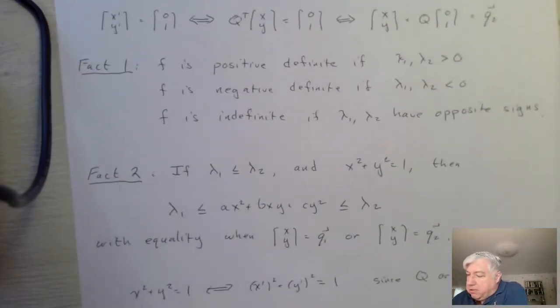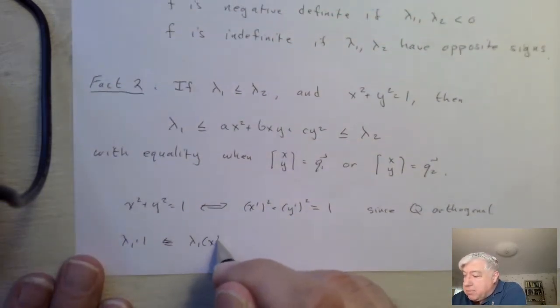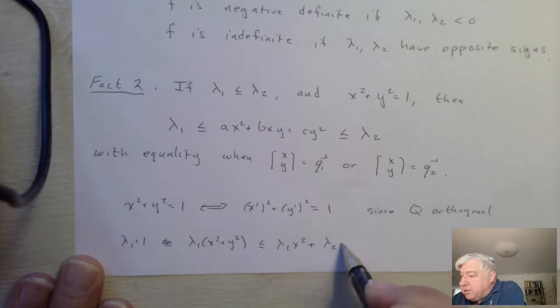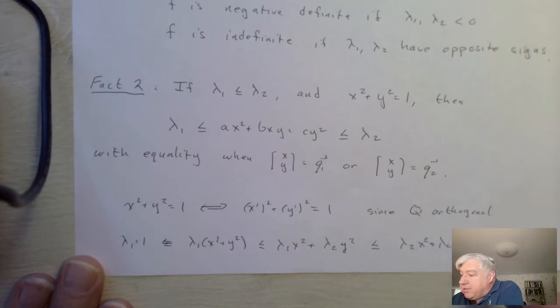Because lambda 1 times 1 is equal to lambda 1 x squared plus lambda 1 y squared, which is less than or equal to lambda 1 x squared plus lambda 2 y squared, which is bounded by lambda 2 x squared plus lambda 2 y squared, which is lambda 2 times 1.